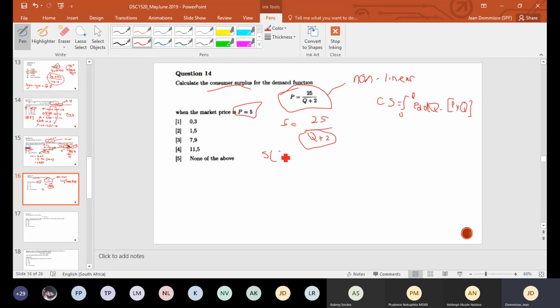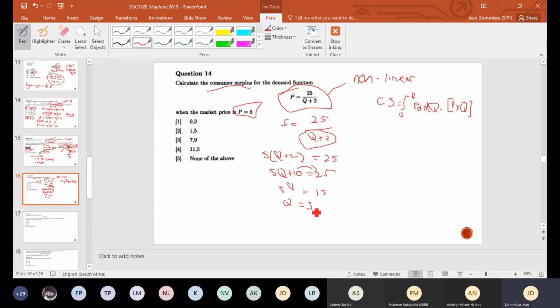So my next step is to multiply that in. I will sit with 5Q plus 10 is equal to 25. Then you can say 5Q is equal to 15, because I take the 10 to that side. And if I divide by 5, my answer is 3.